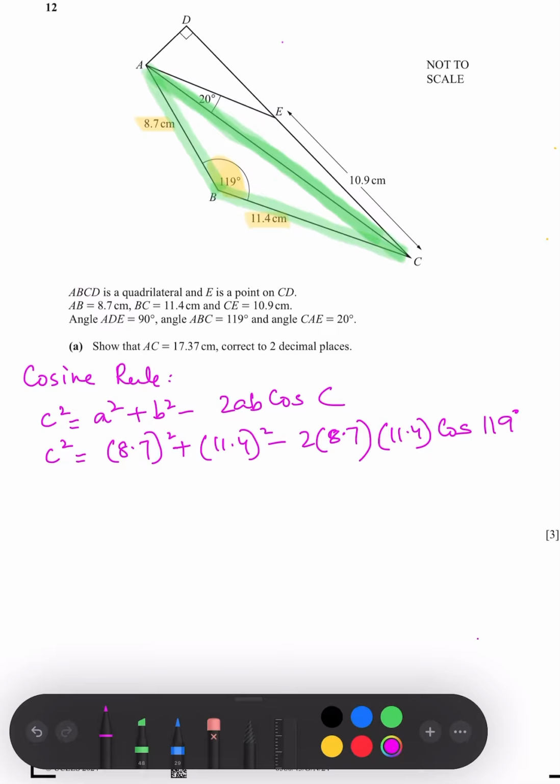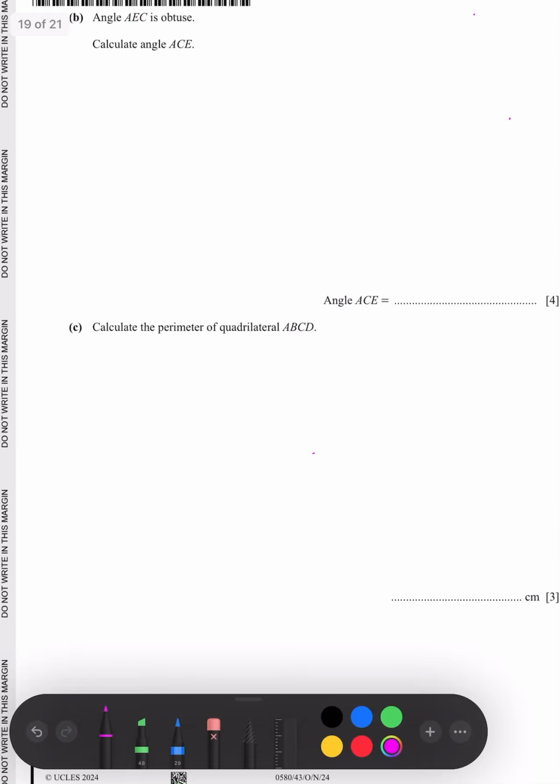Okay, so AC square is equal to 301.816. Taking the square root, the square root of 301.816 is 17.372. We have to round it to 2 decimal places, so it will be 17.37, right?